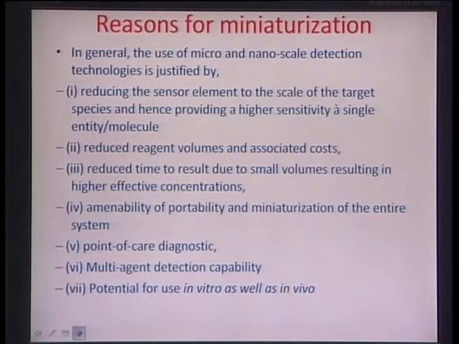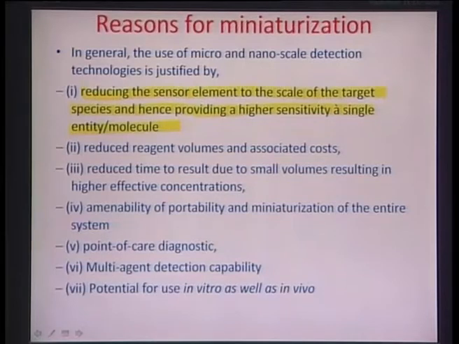as we had talked about in scales and sizes, the reduction of the sensor element to the scale of the target species would actually give a higher sensitivity for detecting a single entity or a molecule. So, it is a very important aspect.